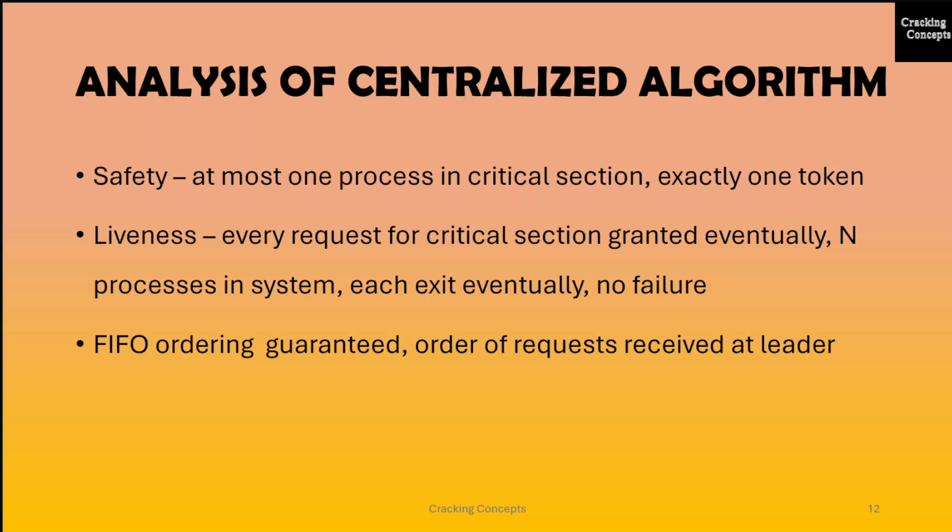With n processes in the system, the queue has at most n processes. If each process exits the critical section eventually, and if there are no failures, then liveness is guaranteed. Now, first in first out ordering is also guaranteed, in the order of the requests received at the leader.